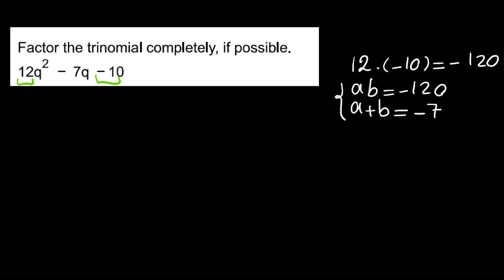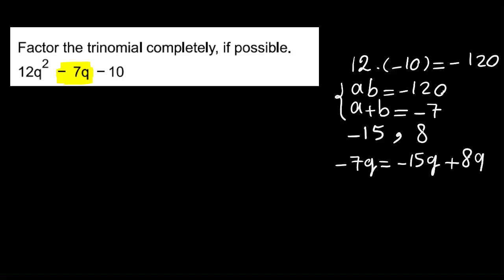If you check all the possibilities, you see that those values are negative 15 and positive 8. Now I'm going to rewrite this equation. Instead of negative 7q, I'm going to replace negative 7q by negative 15q plus 8q.